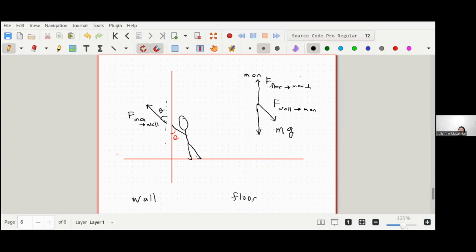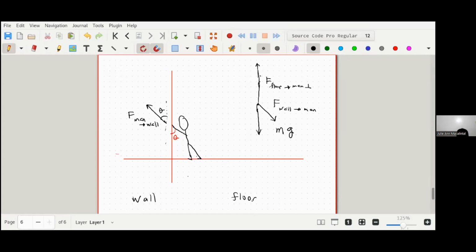Kasi kung hindi, mag-accelerate down, may net acceleration downward yung man, which doesn't happen. Tapos yung magnitude ng force from the floor acting on the man should be longer actually. Pero to justify ko yun mamaya. May force from the floor acting on the man.